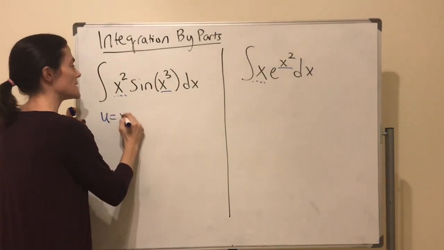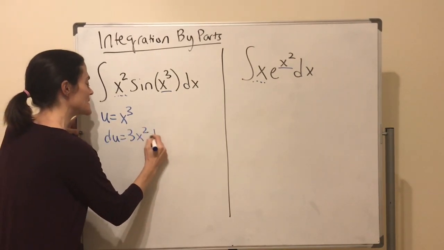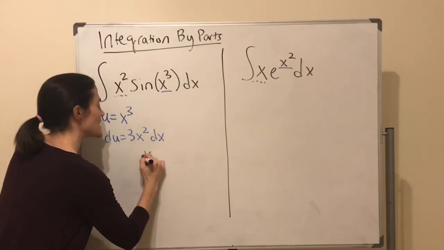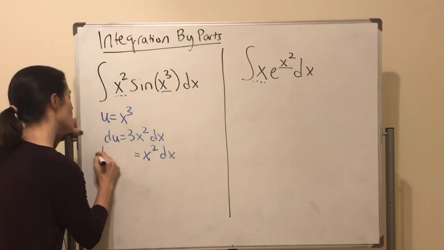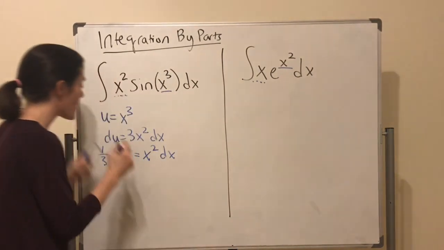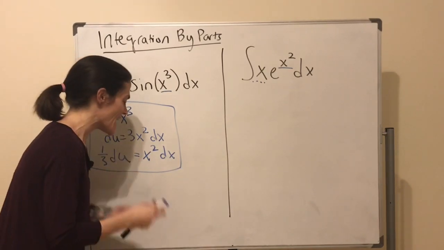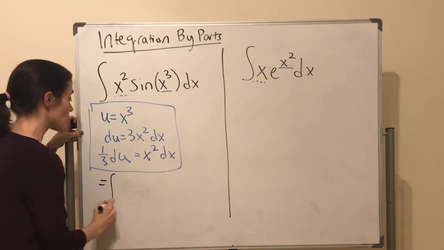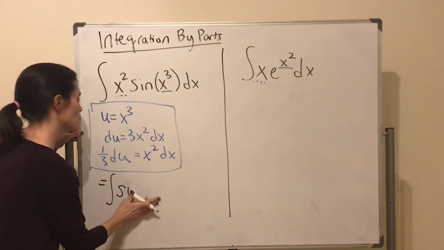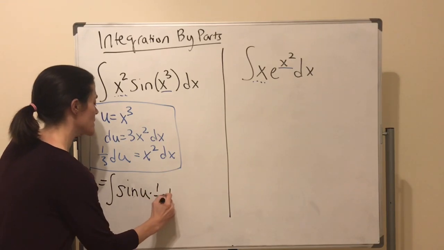We have u is x cubed, the inside function, du is 3x squared dx. In my integral, handed to me as x squared dx, which is 1/3 du. Okay, so now I would like to, maybe I'll put a box around this. I want to integrate this function, and it's an integral of sine u times 1/3 du.